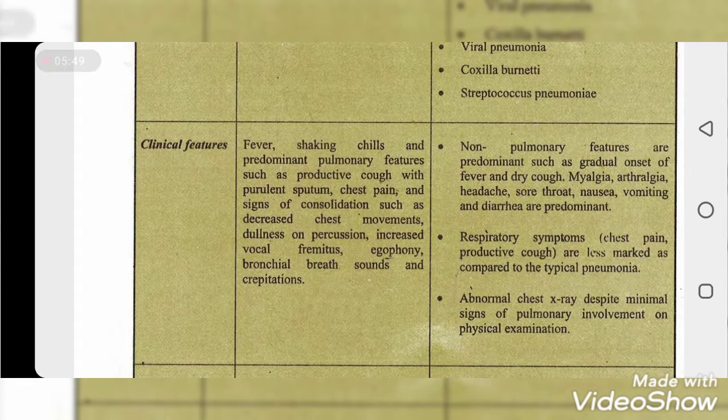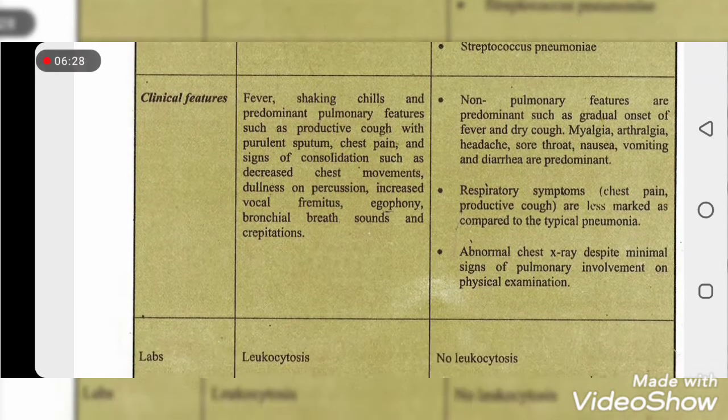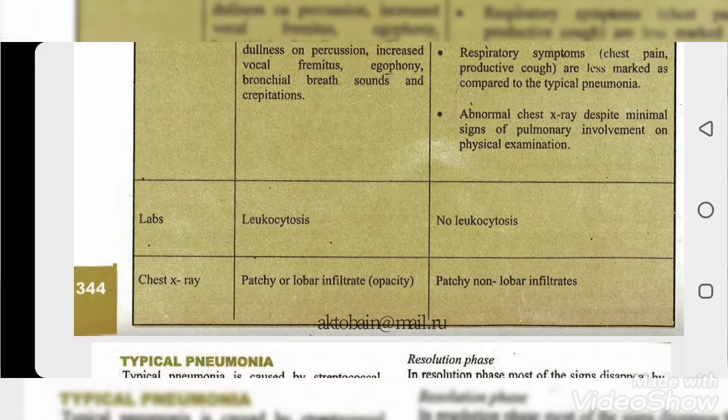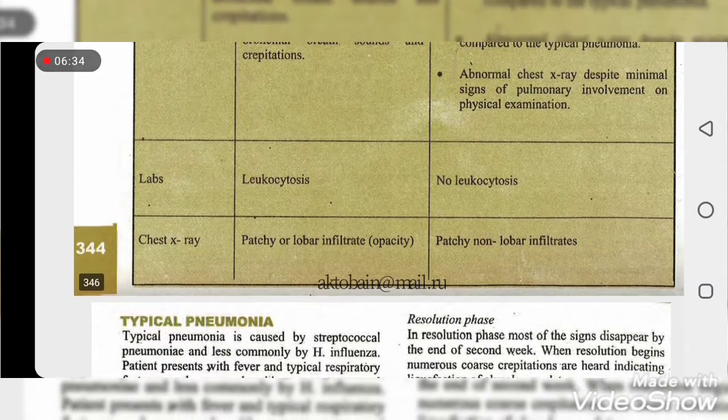In typical pneumonia, fever, shaking, and chills must be present. Myalgia (muscle pain), arthralgia (joint pain), headache, sore throat, nausea, vomiting, and diarrhea are predominant. So those are the symptoms of atypical pneumonia. Respiratory symptoms, chest pain, and productive cough are less marked compared to typical pneumonia. Chest X-ray displays minimal signs of pulmonary involvement on physical examination, and leukocytosis is not usually seen.